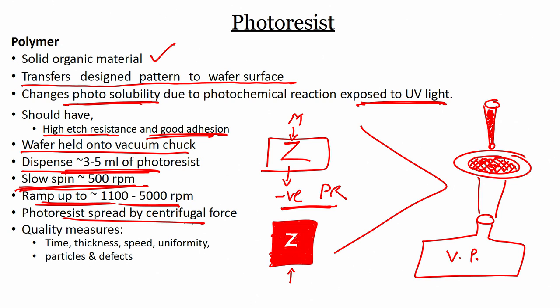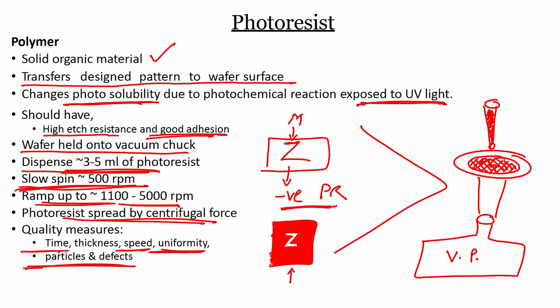Photoresist is spin coated by a centrifugal force, and the quality measure is time. If I increase the time, my thickness will decrease. If I increase the speed, my thickness will decrease. How uniform the photoresist is, that is another thing. Whether there are particles or defects, that is another thing. So, I have to see a lot of things when I am coating photoresist. What is the thickness desired? If my thickness is higher, then I have to spin coat it at lower rpm.